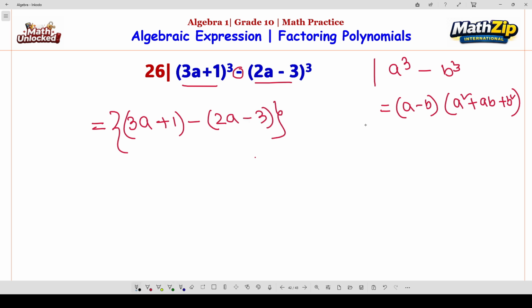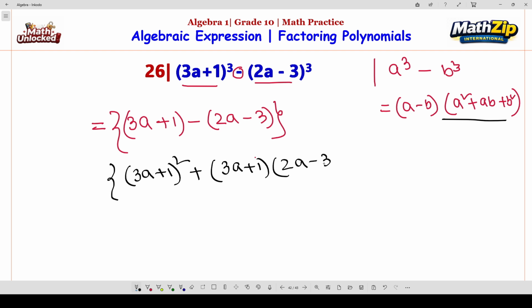And then a² + ab + b². We can write a² as (3a + 1)², then plus ab, which is (3a + 1)(2a − 3), plus b², which is (2a − 3)², like this.